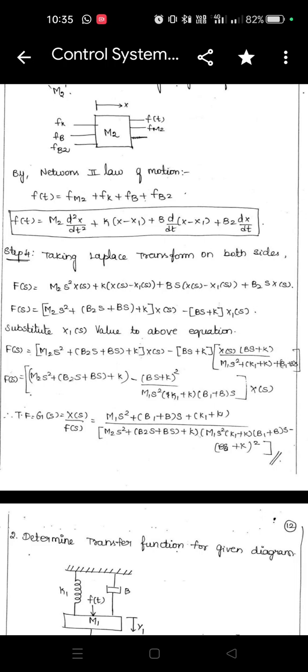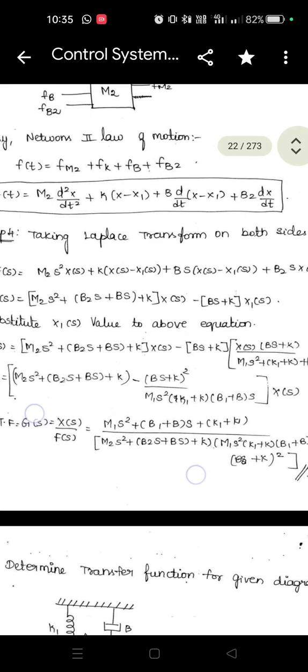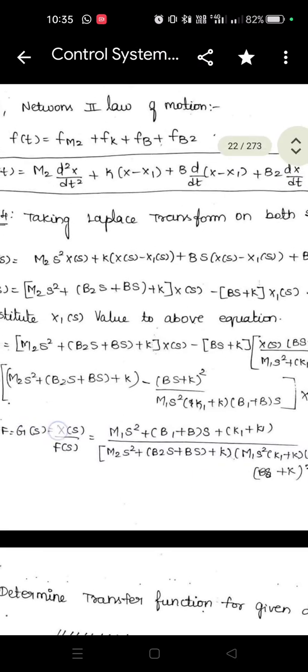So what we got, x of s divided by f of s equal to, here I am taking the cross multiplication. So m2 s square plus b2 s plus bs plus k minus of m1 s square k1 plus k b1 plus b into s minus bs plus k divided by my denominator term, right?